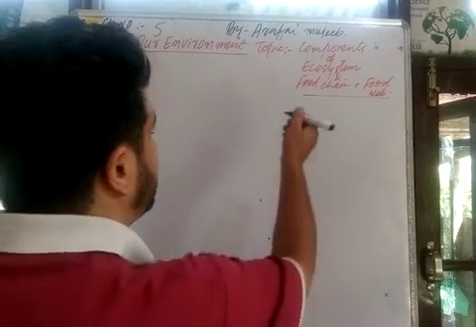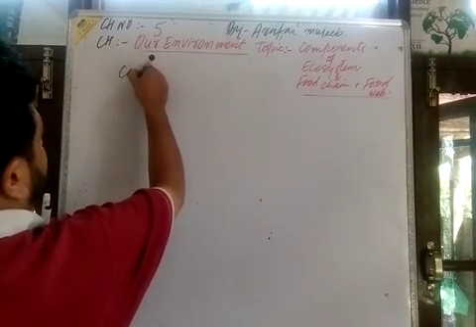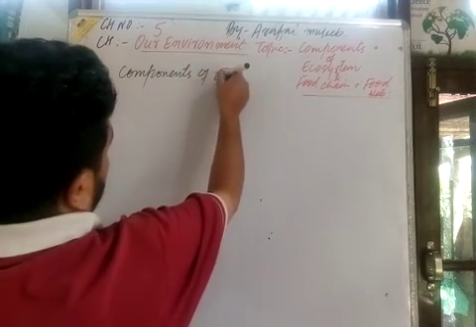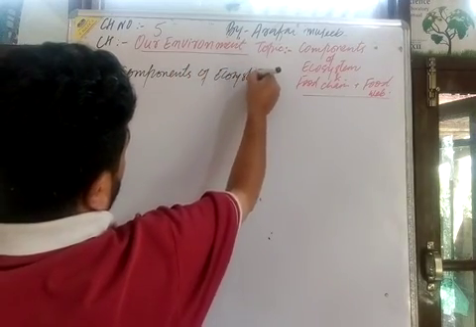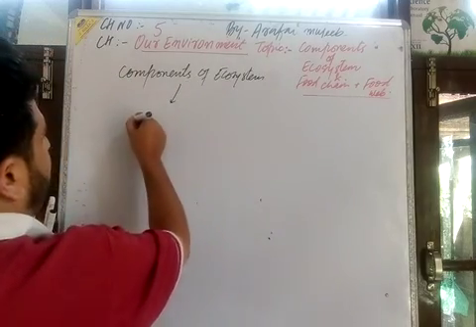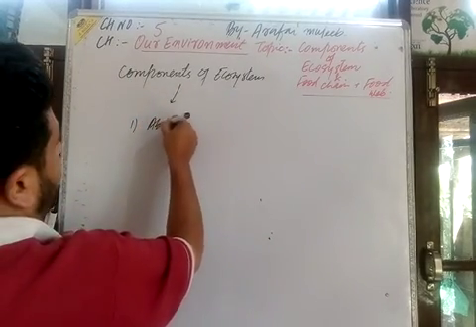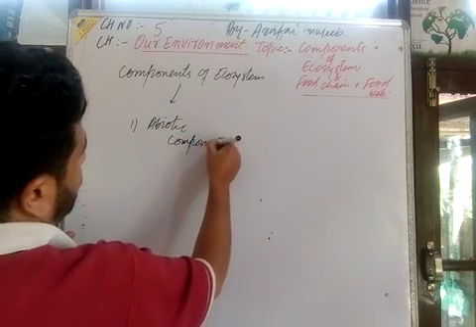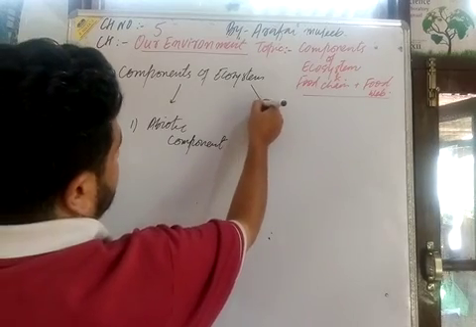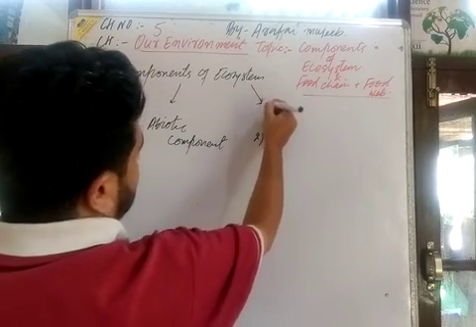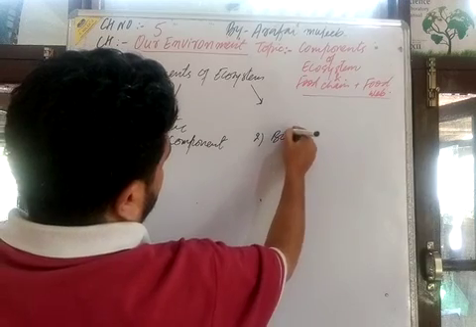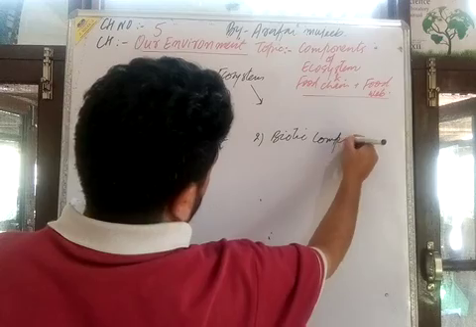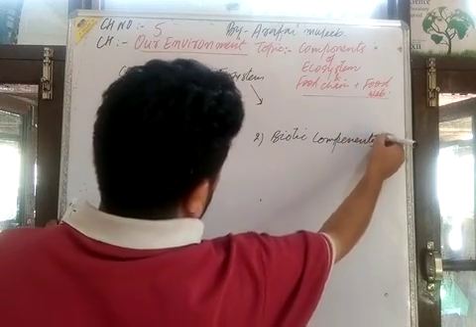Now, the components of ecosystem. We have two components of an ecosystem. One is the abiotic components, and the second one is the biotic components of an ecosystem.